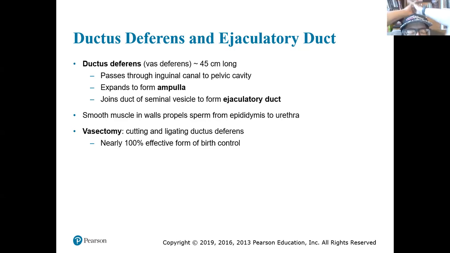Smooth muscle in the walls of the vas deferens will move the sperm from the epididymis to the urethra. Think peristalsis type movement. A vasectomy is cutting and ligating the vas deferens. It is a nearly 100% effective form of birth control. If it does fail, it's usually because the people didn't follow the instructions.